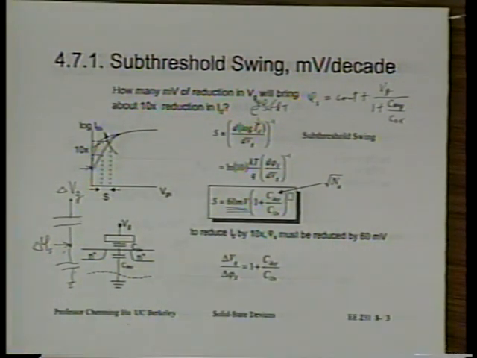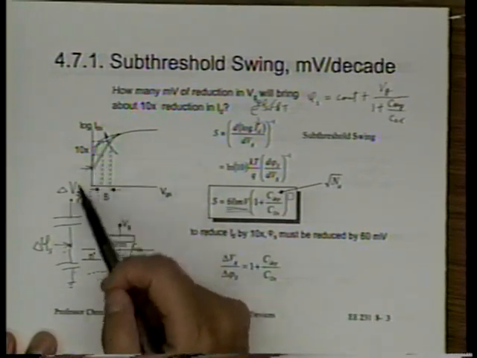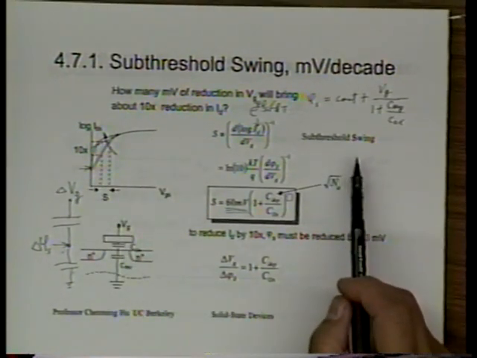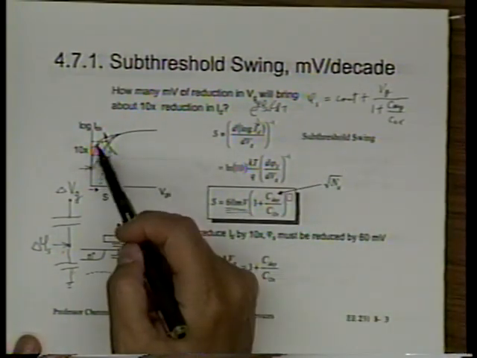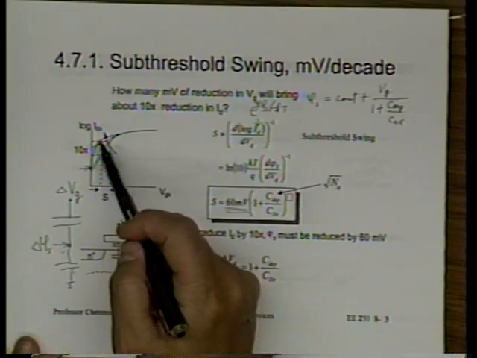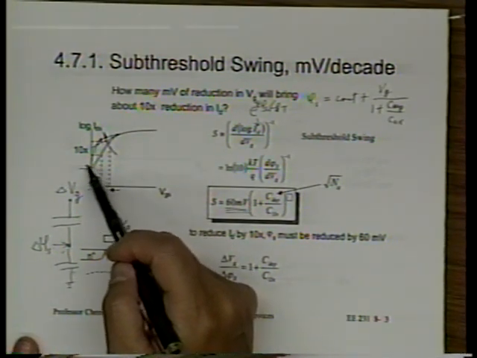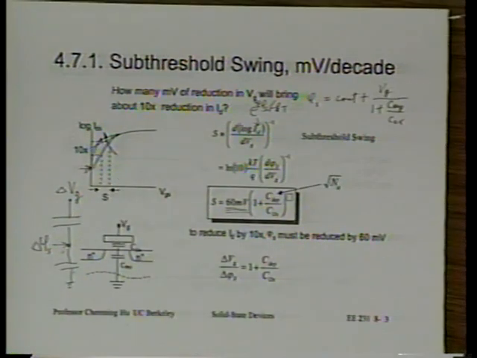I should not use these two terms interchangeably. I made a mistake. Swing is the inverse of the slope. All right? So we want the slope to be very large. That means we want a very small swing. Because if the swing is small, slope is large, then we can design a transistor with small VT and still satisfy the goal of low leakage at VGS equal to 0. And the small VT will give us high speed, high performance. All right? That's what we really want.